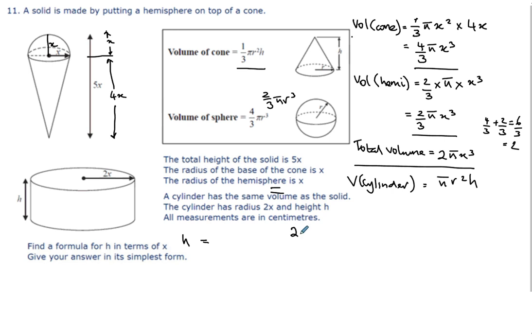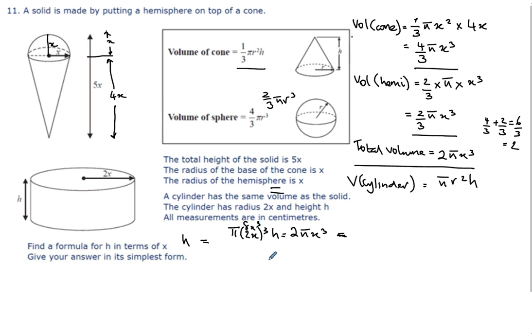So we've got 2 pi x cubed equals, I should have written it the other way around, so let's write it the other way around, because we need h to be on that side. So we've got pi, and what's the radius? So you've got 2x all cubed h equals that. Yeah, okay, it's my eraser. Okay, so you know that's going to be 8x cubed.